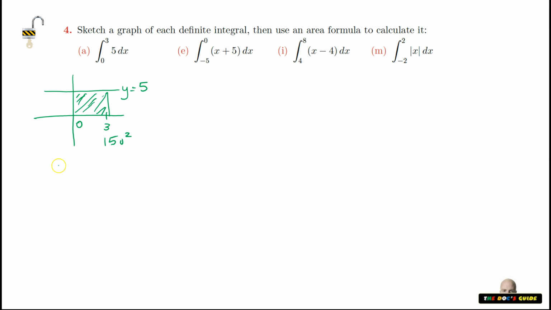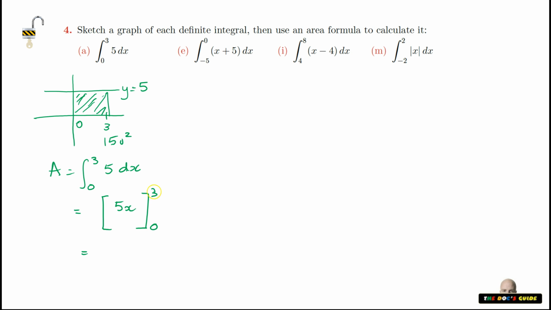Now I'm just going to introduce the idea of finding the area by the definite integral. So this thing here is how we use the definite integral, and we will come back to this. But what we do is we draw up square brackets, we find the primitive of 5, which is 5x, we mark in our limits of integration, 3 and 0. You'll notice that there's no plus c here because this is a definite integral.